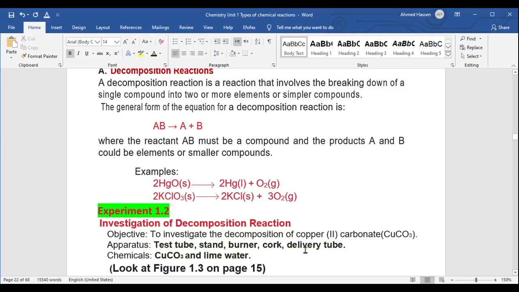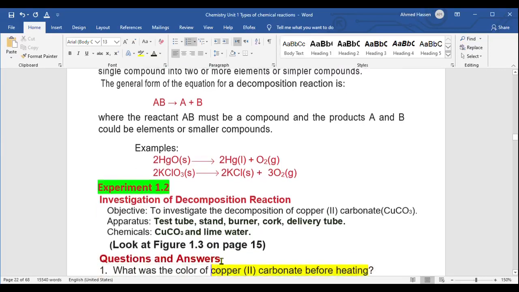The chemicals used for this experiment are copper(II) carbonate and lime water. Lime water means calcium hydroxide solution. Before I discuss the questions, let's follow the experimental observations.